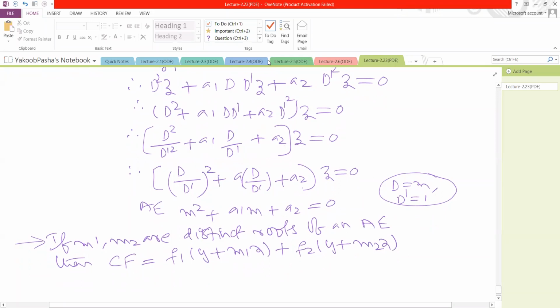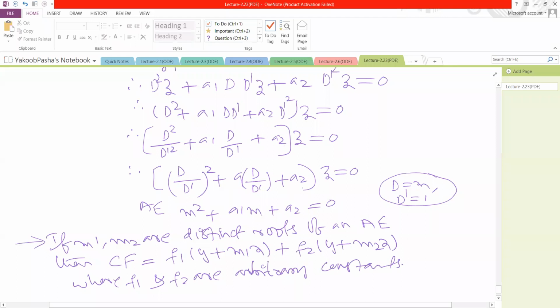It may be complex numbers also, we can write m1, m2 are complex numbers. You can write f1 of y plus m1x plus f2 of y plus m2x, where f1 and f2 are arbitrary constants.